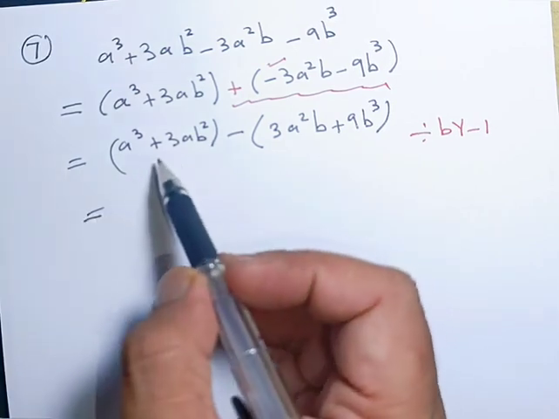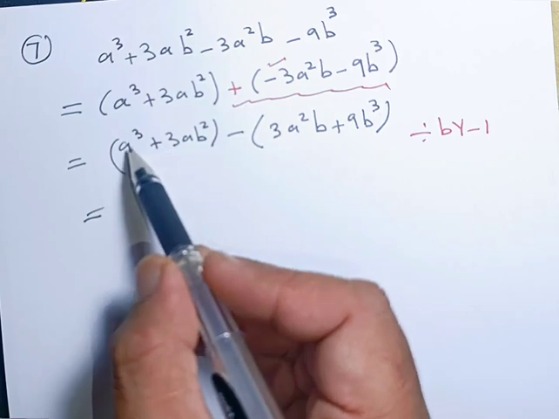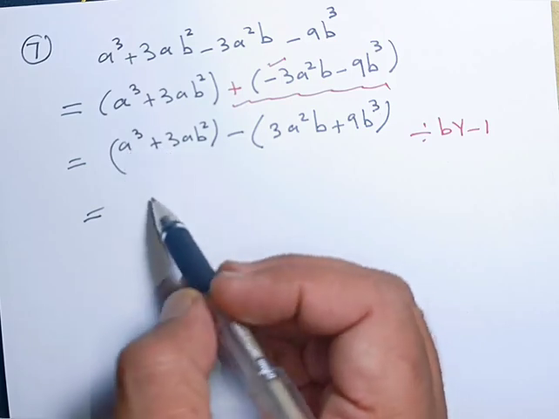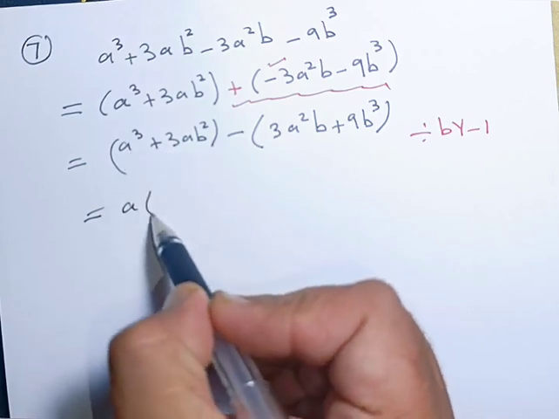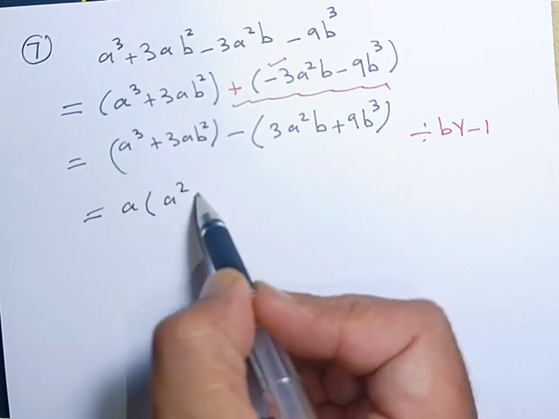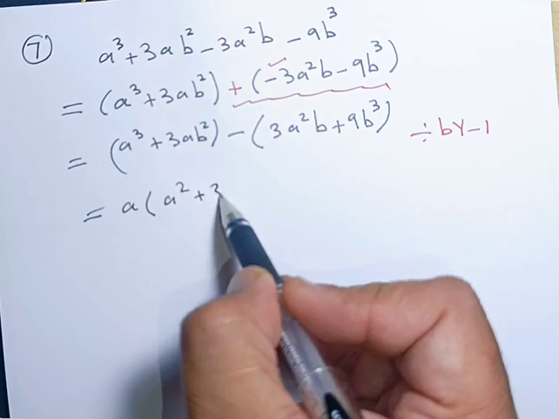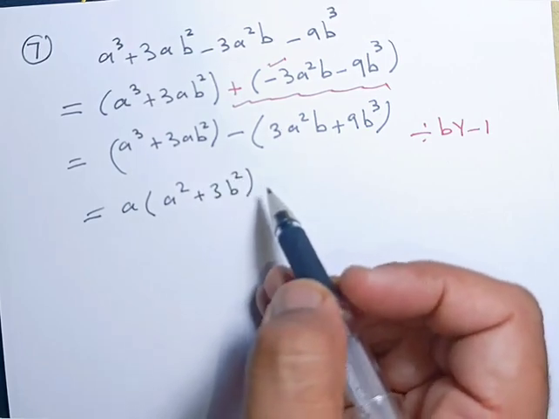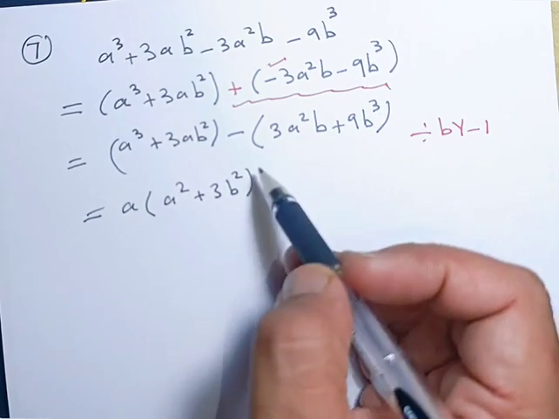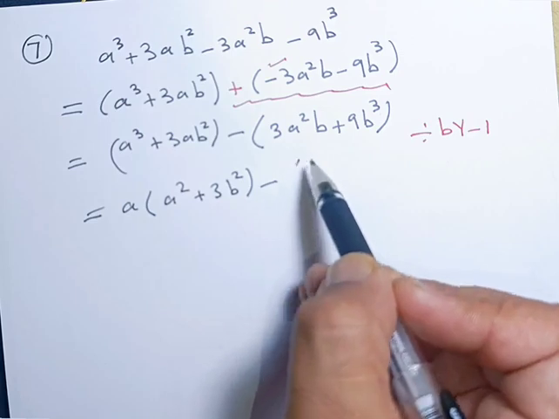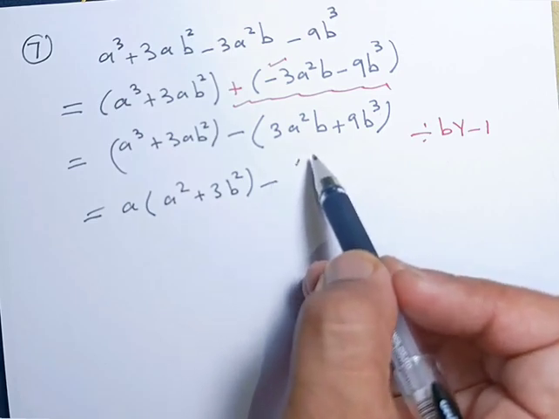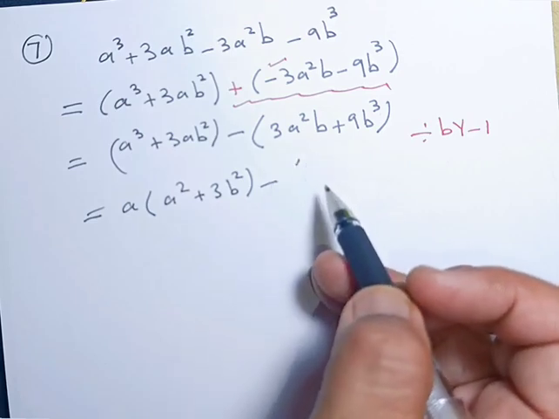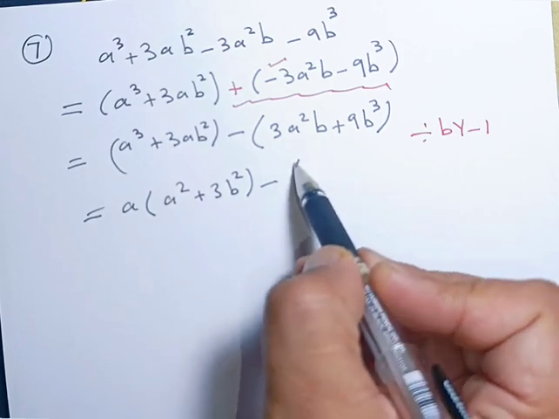Now we're going to factorize. If you factorize here, a is a common factor, and what is left is a power 2 plus 3b power 2. Right, now obviously minus, so what is common here? 3 is a common factor.